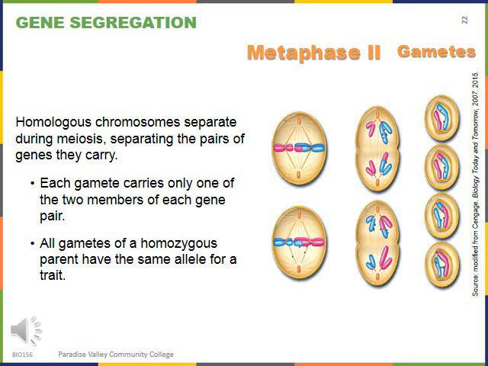Okay, so this is a nice little depiction of how we get those four gametes and how they end up with a chromosome from each parent. Each one of those chromosomes has all of the genetic material on it from your parents. So all the genes that your dad had, all the genes that the mother had, those are on those cells in those gametes.